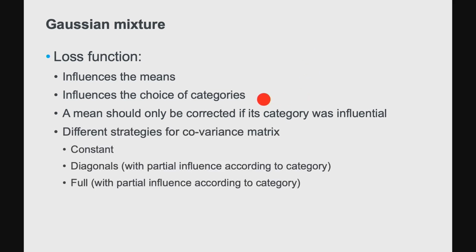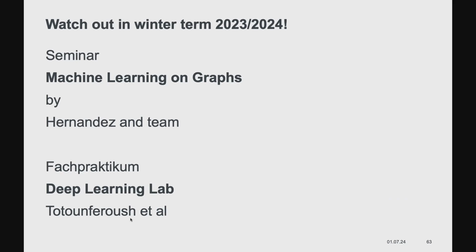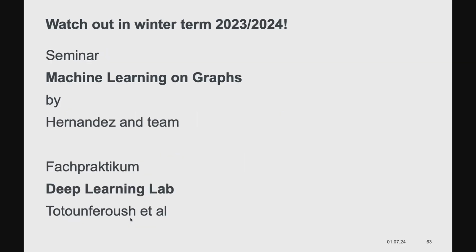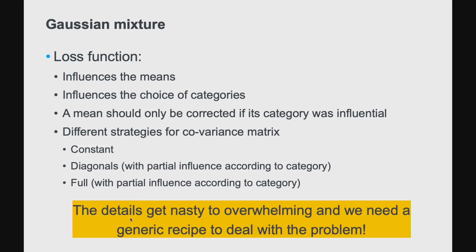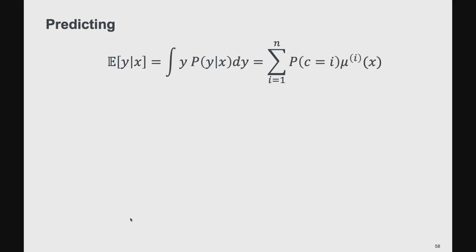And I mentioned already these different strategies for the covariance matrix. The simplest one would be constant, that you just use the identity matrix. The second one that you learn the diagonals, like these ones here, but the full is rarely used. So this is just one glimpse into the fact that you can model such kind of complicated decisions.